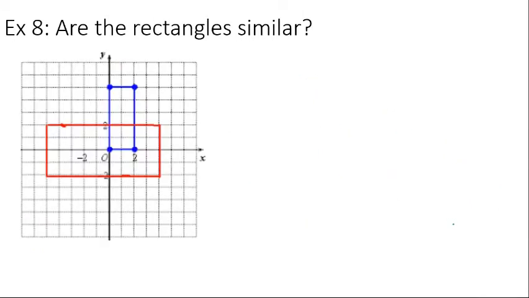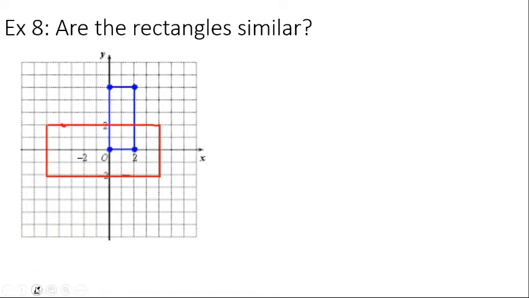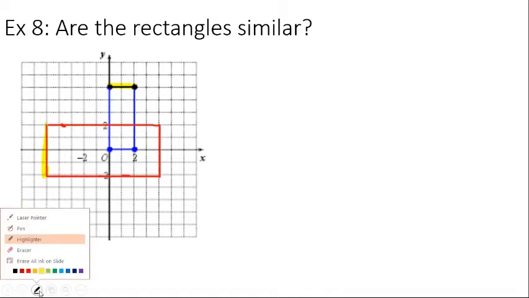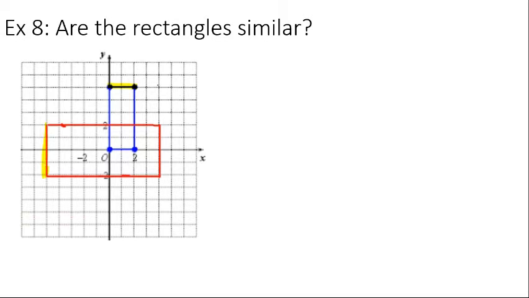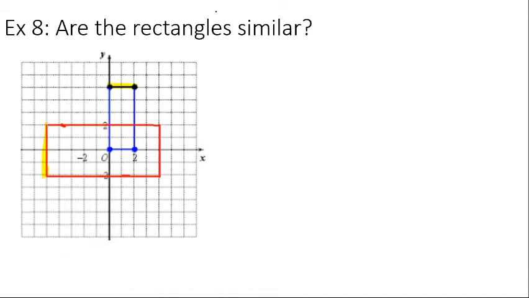And now example 8, asking us are the rectangles similar. So here I look at the sides. So look at this side right here, and I'll compare it to this side, the two short sides. Okay, so if I count the lengths there, this is a 2, this is a 4.